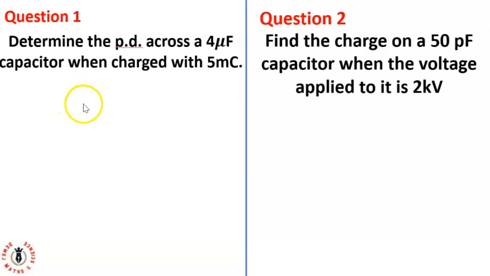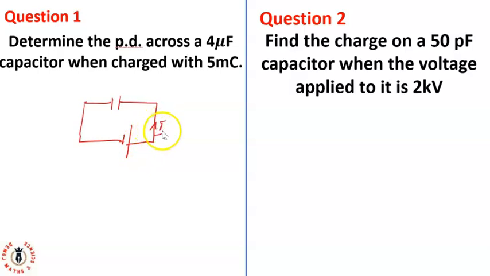Our question says we should determine the potential difference across a 4 microfarad capacitor when charged with 5 millicoulombs. Now here is my capacitor being charged from an electric source.